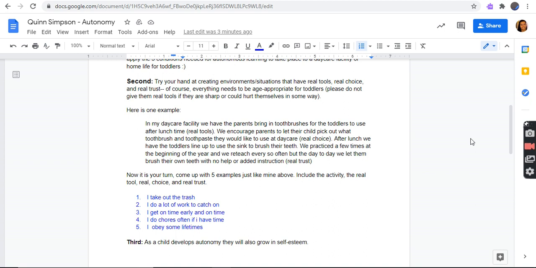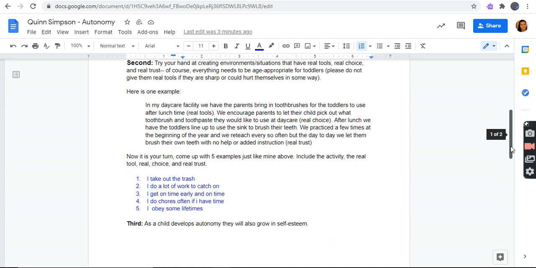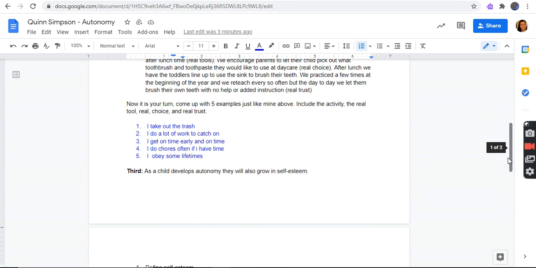After lunch, we had the toddlers lined up to use the sink to brush their teeth. We practice a few times at the beginning of the year and reteach every so often, but day to day we let them brush their own teeth with no help or added instruction. Real trust. And now it is your turn.